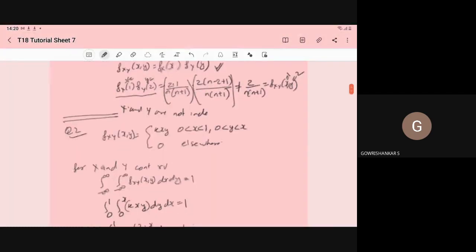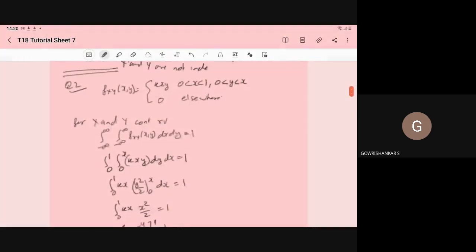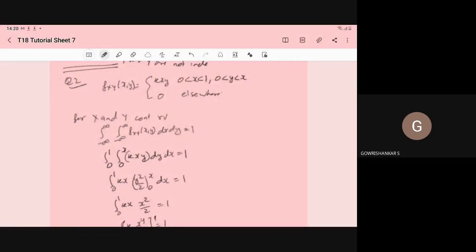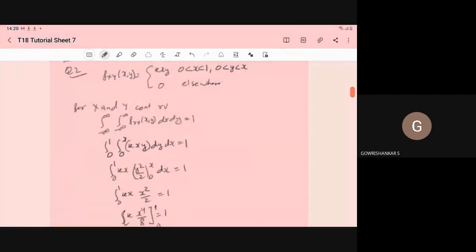So here in question number 2, it is given that fxy is equal to k into x into y for the interval x from 0 to 1 and y from 0 to x. Here x and y are continuous random variables.